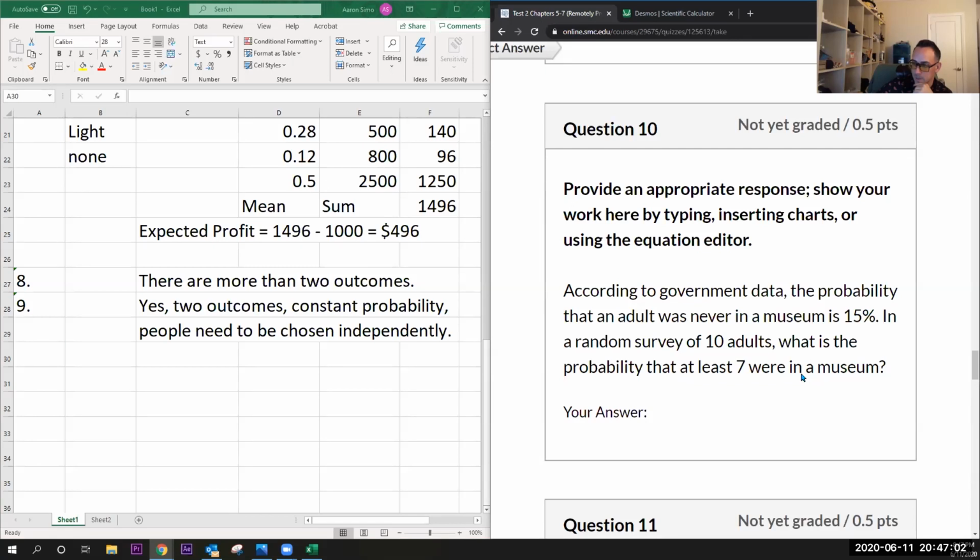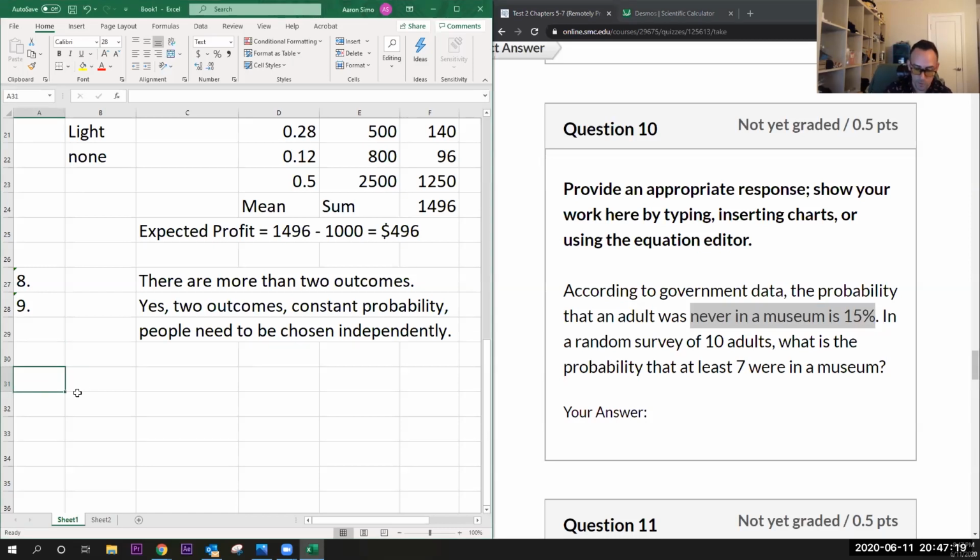I don't like this one. I think I messed up on this one because it says in a museum, and this one says never in a museum. So that's like a typo or a trick, depending on who your teacher is and whether or not they want to trick you. For me, it was a typo.